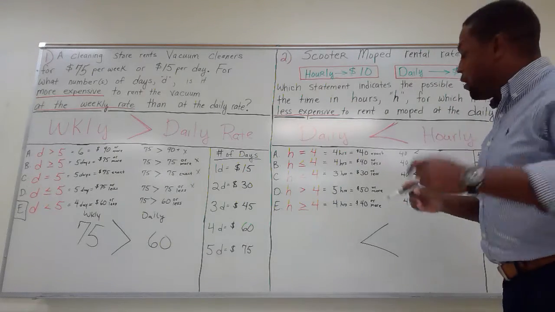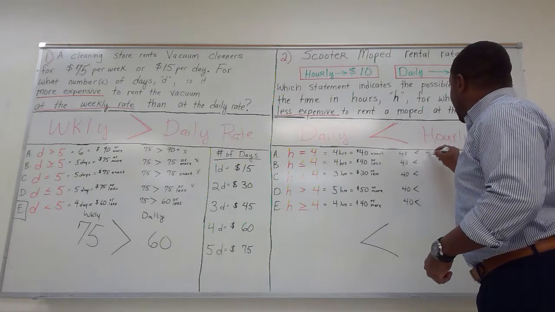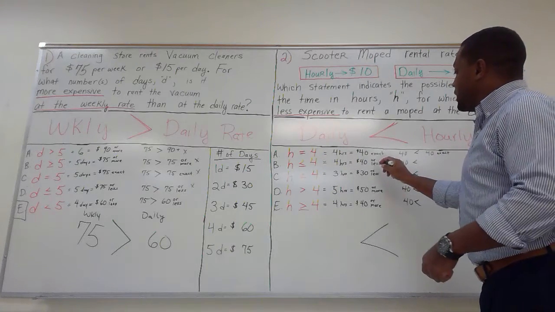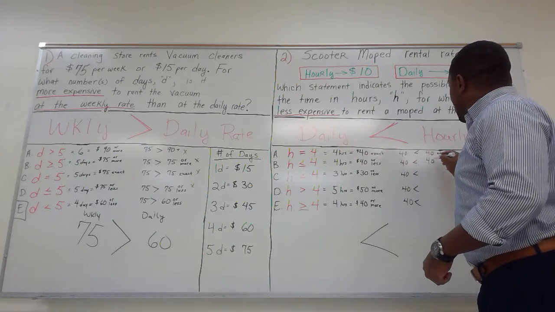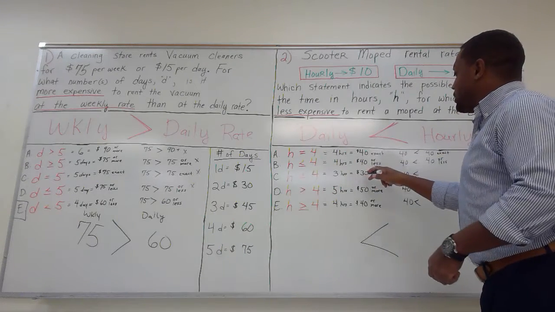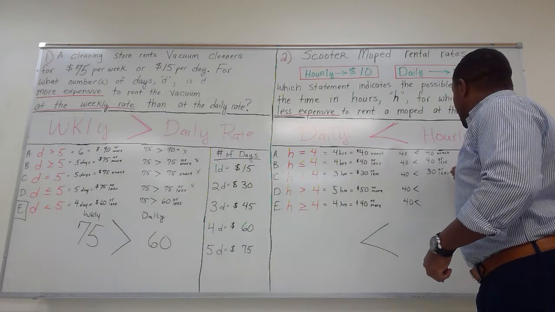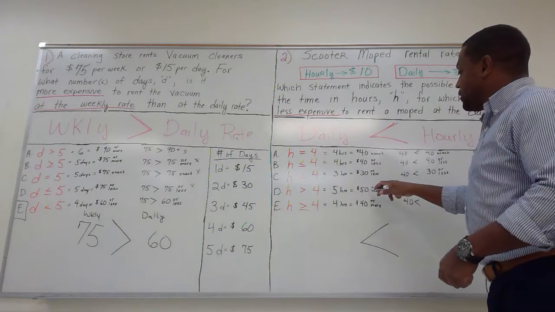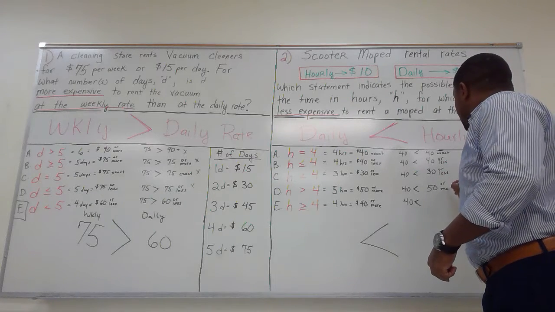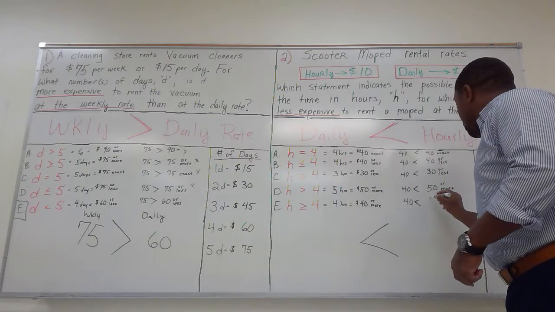All right, now, A says 40 exact. Okay, B says 40 or less. C says 30 or less. D says 50 or more. And E says 40 or more.